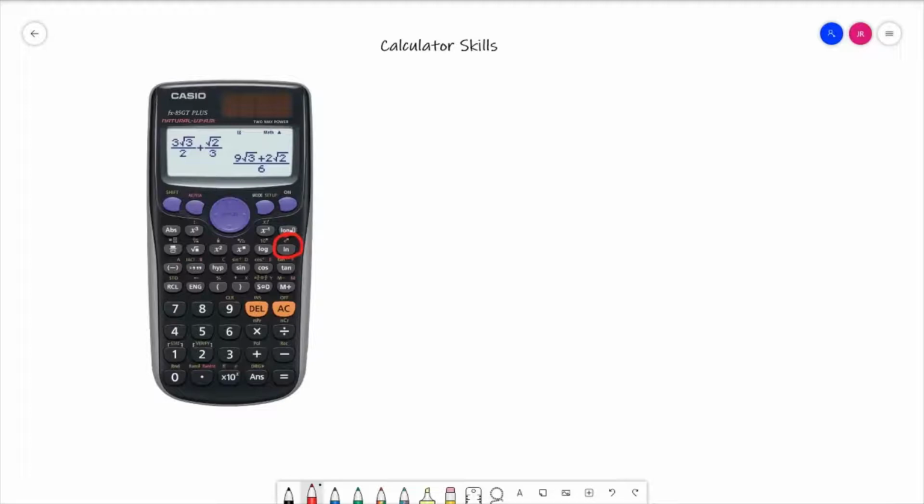If you press the button itself, the calculator will say LN open bracket, and you then put whatever number you are interested in there, and then close the bracket before you hit equals. Especially if you're doing any other calculations, make sure that you close the bracket.